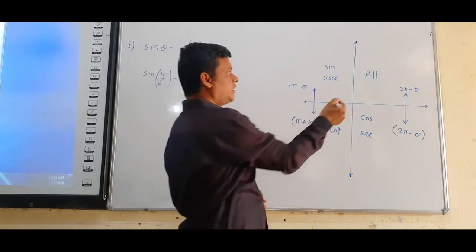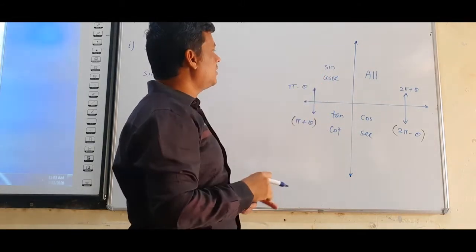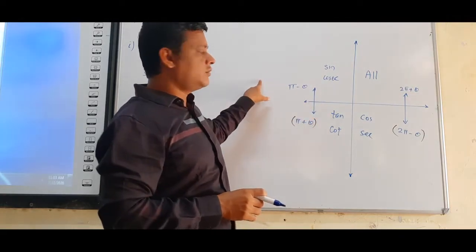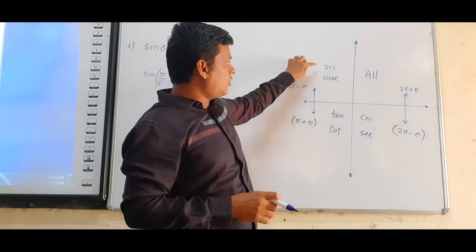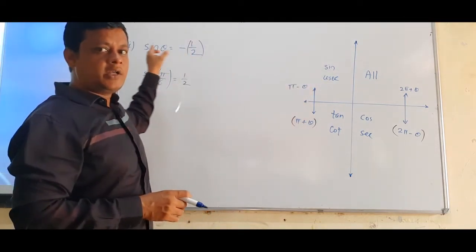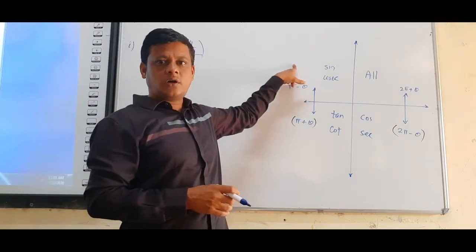Now in the first quadrant all ratios are positive, that means we do not get the angle from the first quadrant. So we come to the second quadrant. In the second quadrant sin and cosec are positive. We are calculating the value for sin theta equals minus, so the second quadrant is not it.